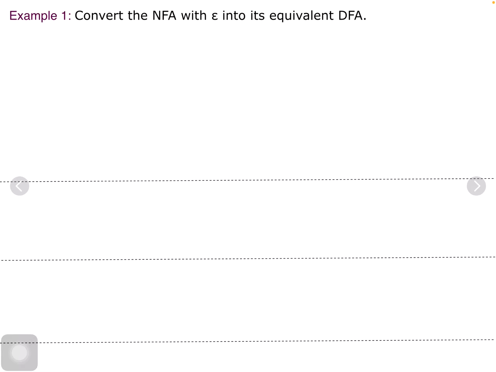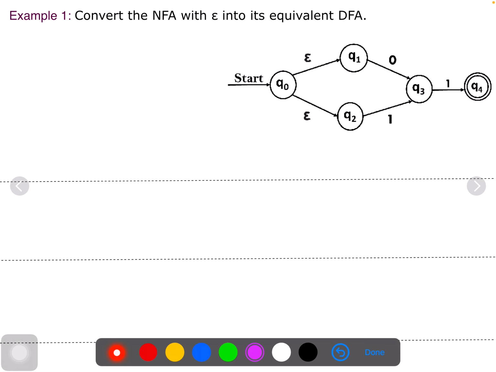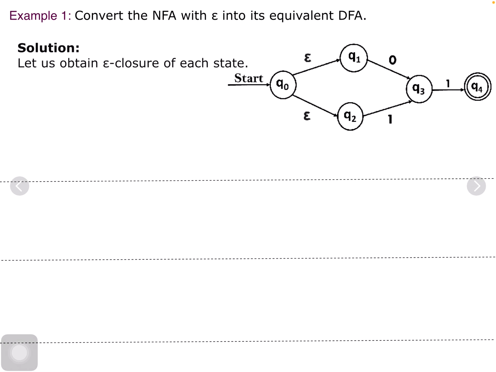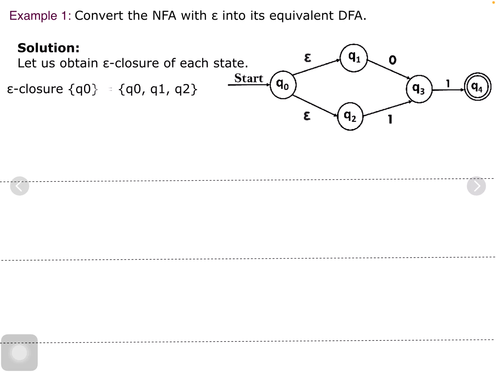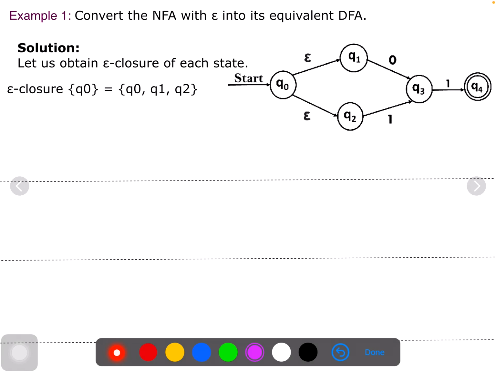Right? We'll take an example. I'll take this example to convert. Before converting it, you need to find the epsilon closure. Let us obtain the E closure of each state. E closure of Q0 is Q0, Q1, Q2.